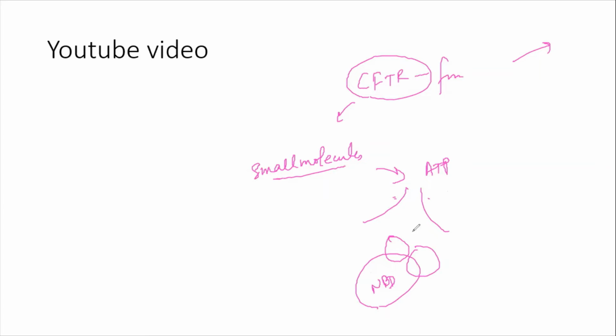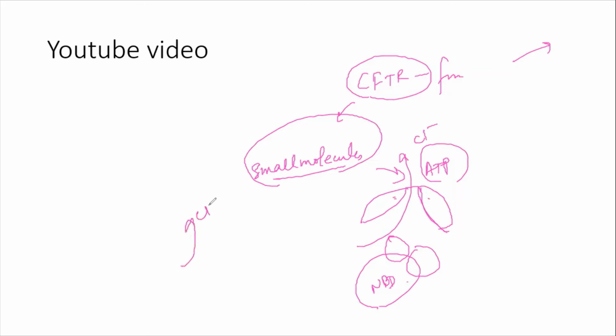So as soon as ATP binds, or the small molecules which mimic the structure or the activity of ATP go and bind over here, they help in the opening of the upper domains. And as it opens, the chloride ion can go outside, okay? So when chloride ion is going, eventually Na plus will go. So solute concentration is increasing. The water will also come.